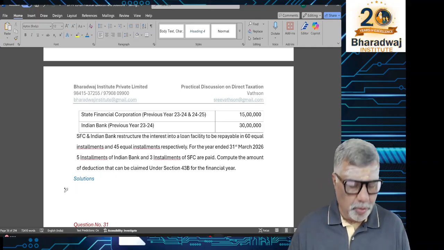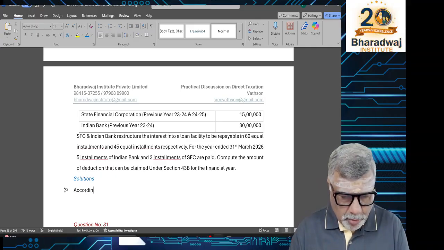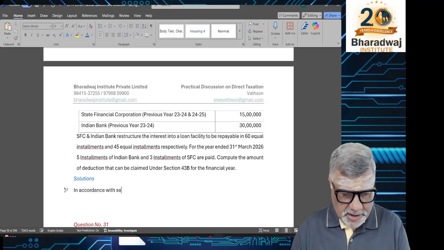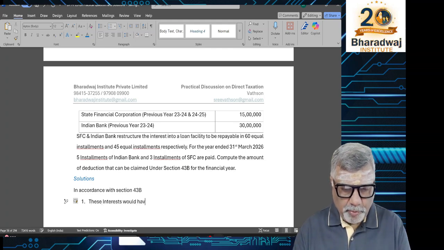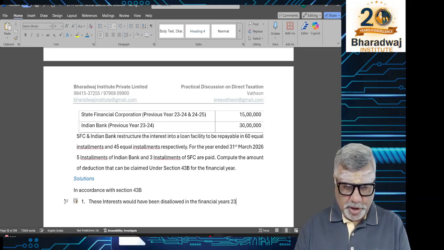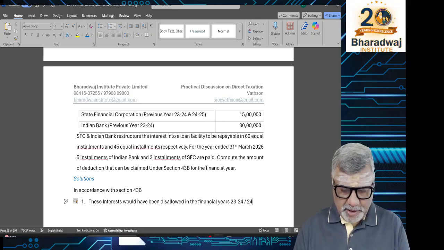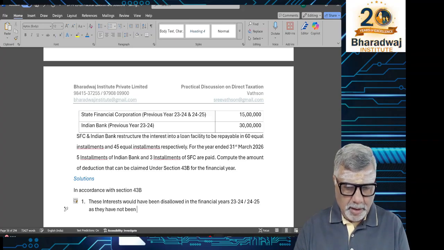First, some baseline notes. In accordance with section 43B, these interests would have been disallowed in the financial years 23-24 and 24-25 as they have not been paid within the due date.